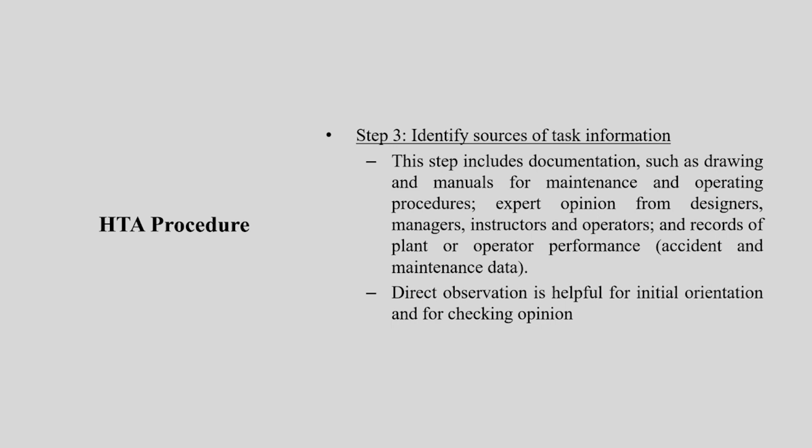So, whatever information is available regarding that particular task, whatever the sources are, you are going to use them, you should identify them beforehand. Okay. So, once the task is ready to analyze, then you find out what are the sources available. Then direct observation is helpful for initial orientation and for checking the opinion.